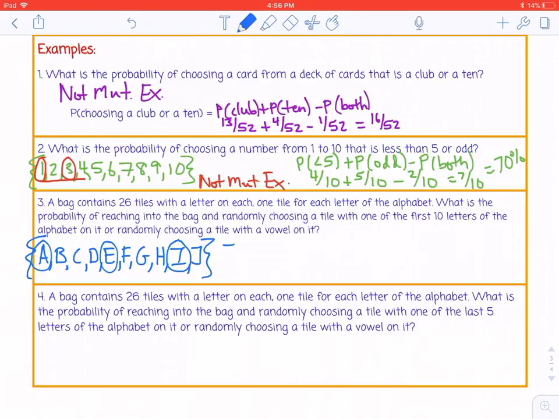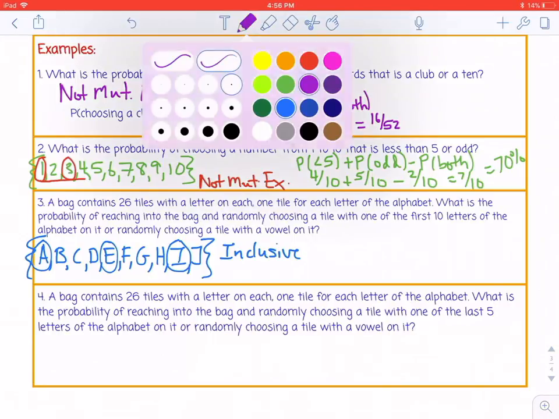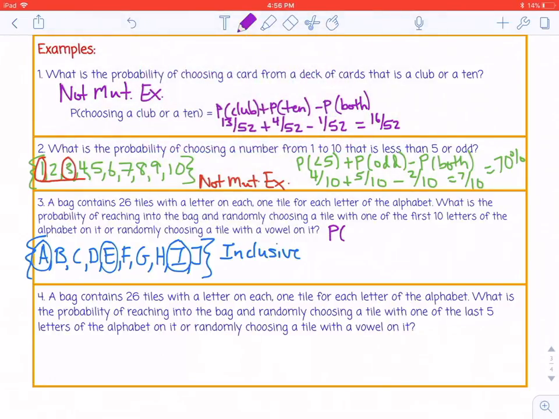So not mutually exclusive and inclusive are the same idea. And then we need to figure out our probability. So we would have the probability that it's one of those first 10 letters of the alphabet, plus the probability that it is a vowel, minus the probability that it is both of those things.